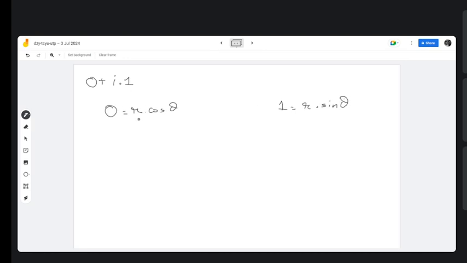Guys, we add both of them together. So it becomes r square cos square theta plus r square sin square theta equals 1. Take r square common, it will be equal to 1. R is equal to 1. Done.